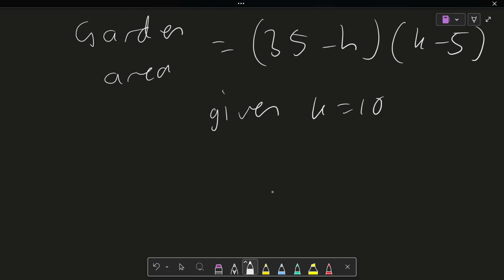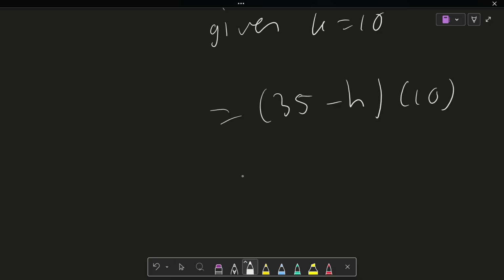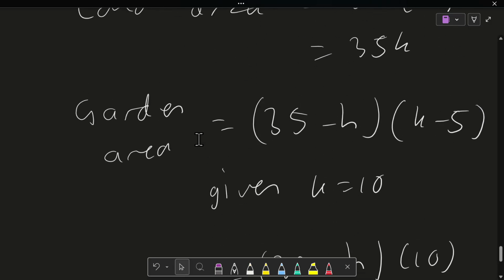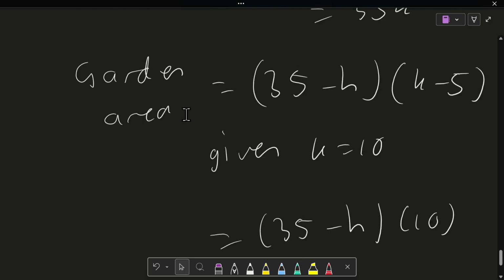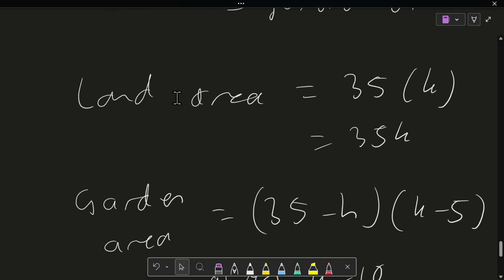Here would be 35 minus h times 10, which is 350 minus 10h. Okay, what about the land area?